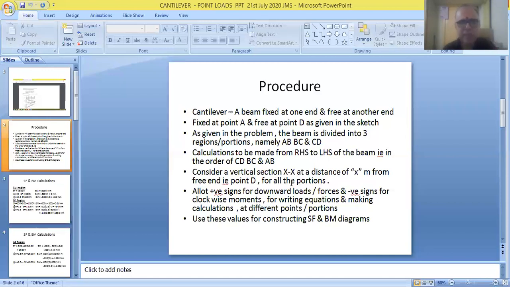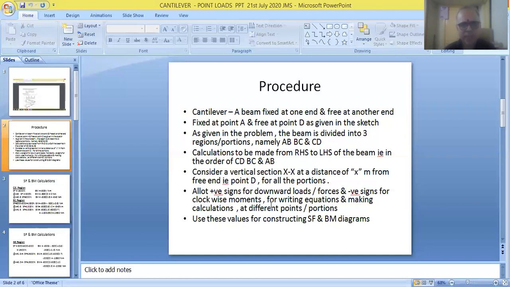Again, consider one vertical section XX at a distance of X meter from point D. And this has to be done for all the regions of the beam.